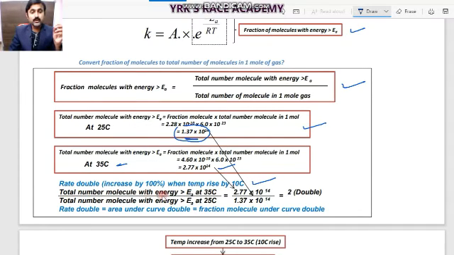The total number of molecules with energy greater than activation energy at 35 degrees Celsius divided by that at 25 degrees Celsius gives 2, which means the rate doubles. This indicates that the area under the curve doubles, so the fraction of molecules under the curve doubles.